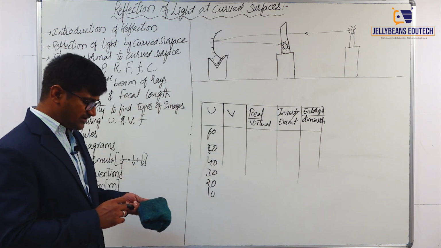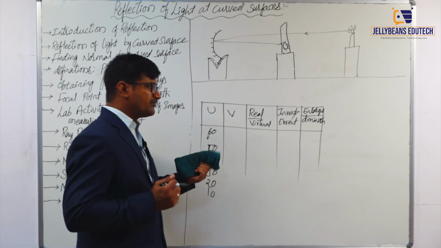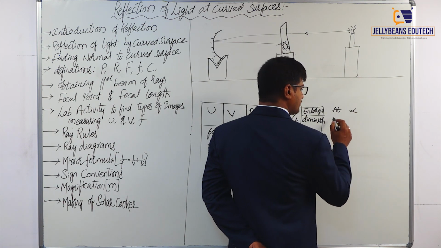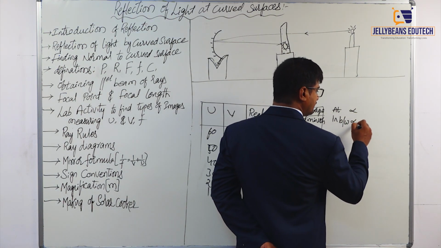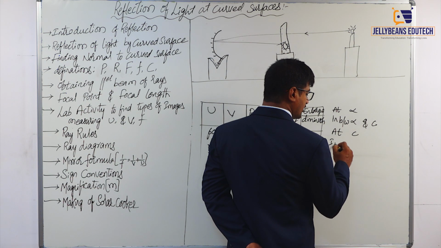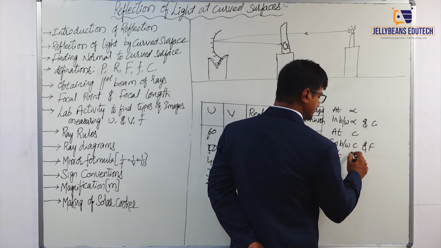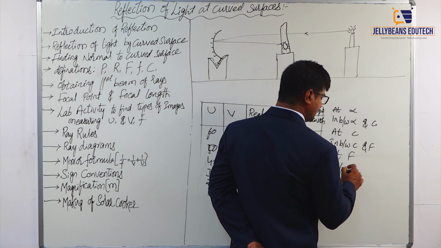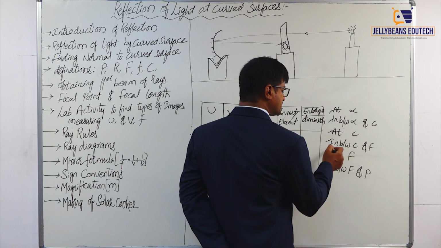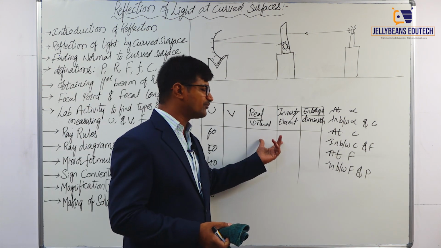Based upon these object positions, we are framing the positions of an object: at infinity, in between infinity and C, at C, in between C and F, at F, in between F and P. So in this way we are obtaining 6 different positions with 6 different natures of the images.